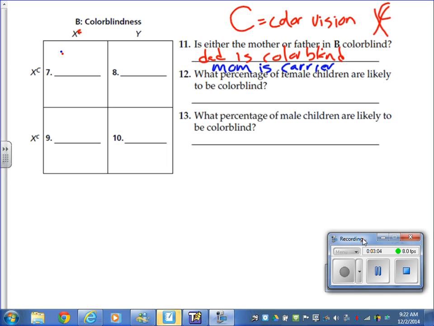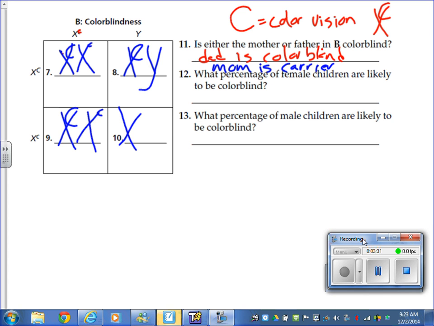Okay? So then when we do the Punnett square, this X has the big C, and the X from dad has the little c. And then here, oops, the boy children get this X from mom, which is the big C, and the Y from dad. And then this one, we get big C, and the one from dad with the little c.